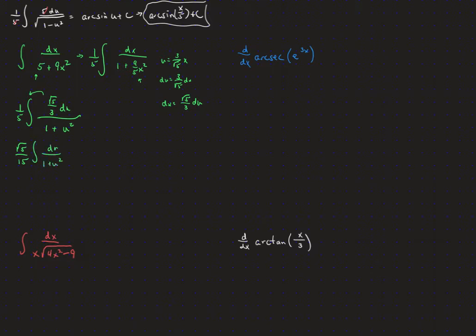That's going to be our arctangent, and so that will give us the square root of 5 over 15 arctangent of our u, which was 3 over the square root of 5 times x, plus c, the constant of integration.